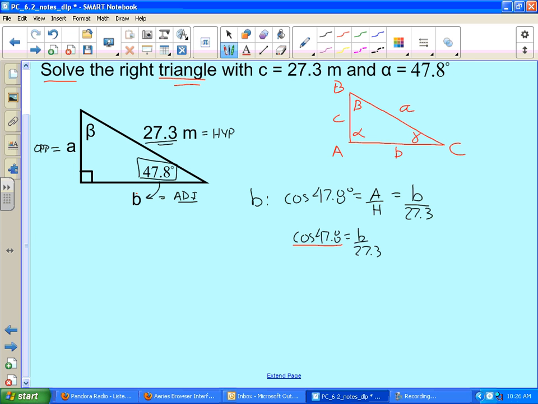I want 27.3 to get out of the denominator, which means I need to multiply both sides. But when I multiply it by the left side, I have to remember that cosine, sine, tangent, cotangent, secant, cosecant, they are a number. So I don't multiply 27.3 times the angle of 47.8 and then take the cosine. That's a no-no. I am taking the answer that I get in my calculator for cosine of 47.8, and then multiplying it by 27.3.